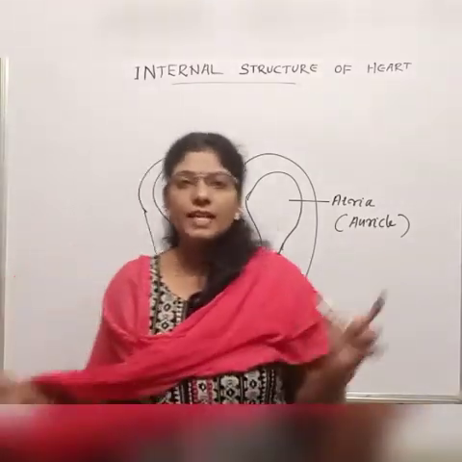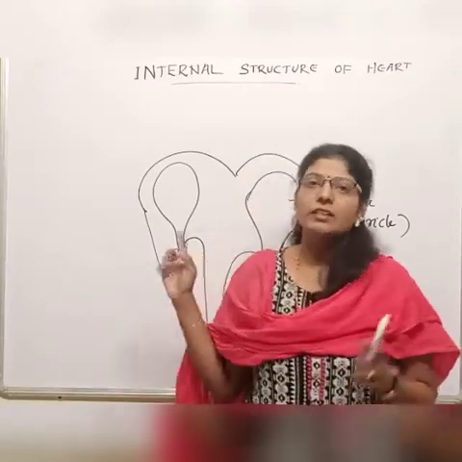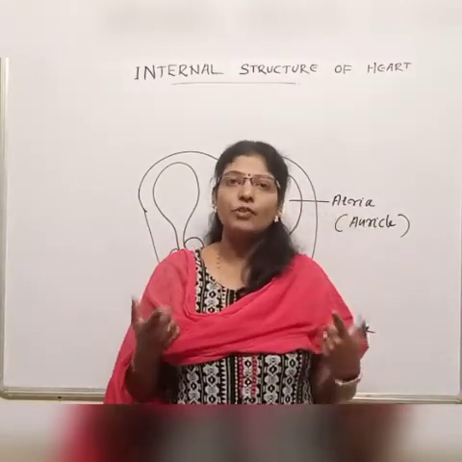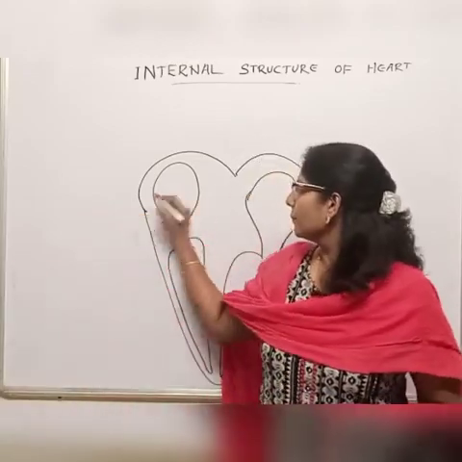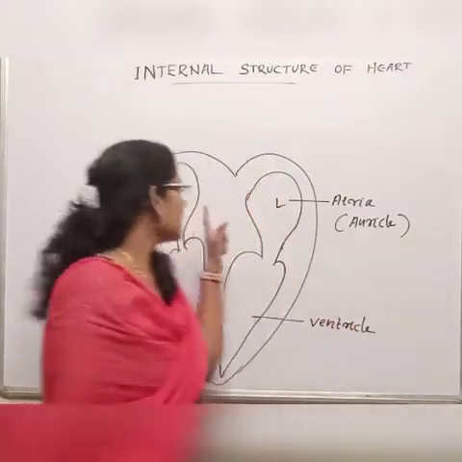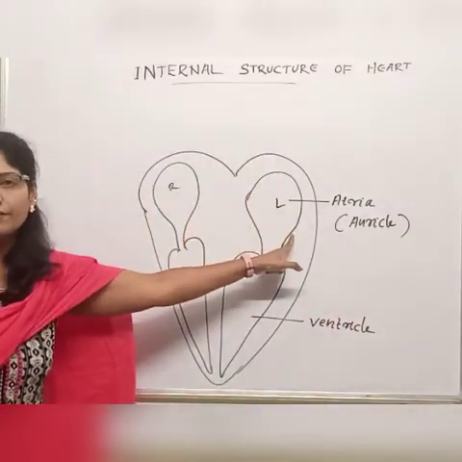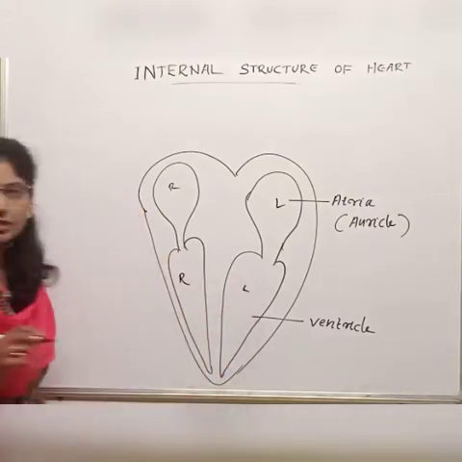Now we will see the sides of the diagram. In order to identify the side, the facing of the diagram and our facing should be in the same direction. So this is the right side and this is the left side. This is the right atrium, this is the left atrium, this is the right ventricle, and this is the left ventricle.